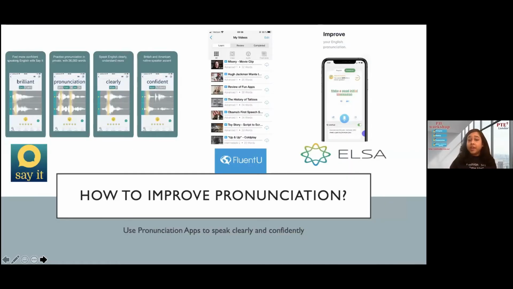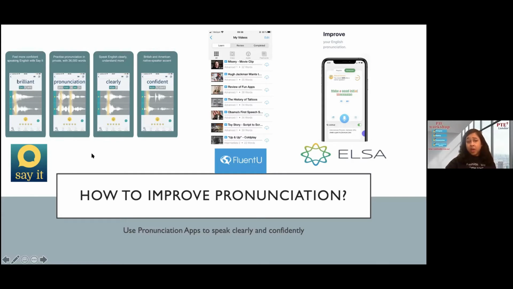Finally, a very helpful, interesting, and convenient way of improving your pronunciation is using apps. There are lots of pronunciation apps in the Play Store. But in my experience, in my opinion, these are some really good pronunciation apps.